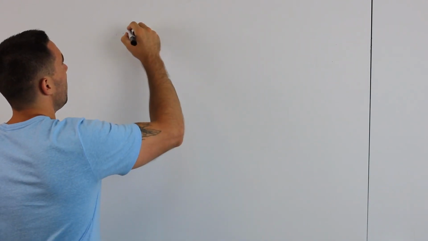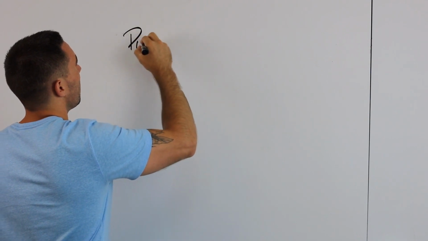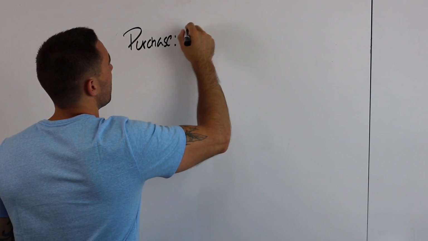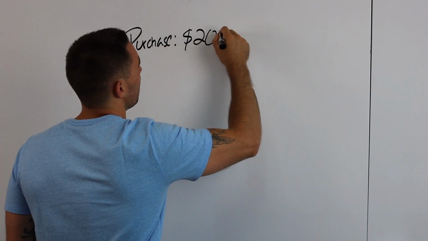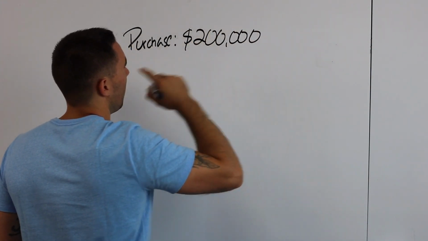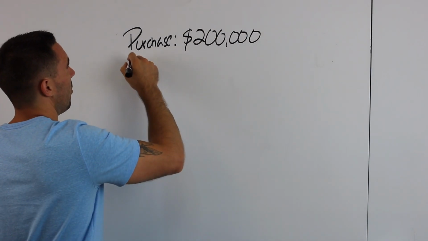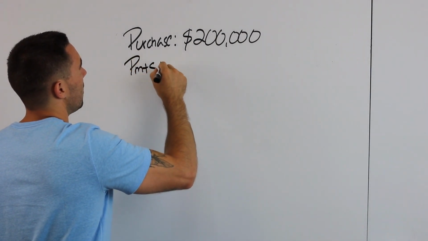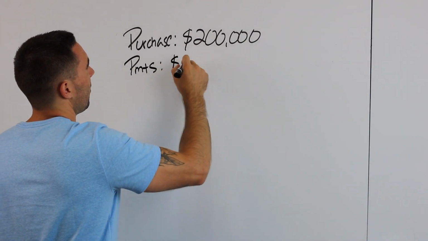Okay, so let's just go over an example here. Let's say that we bought the property for, let's use the same numbers here, $200,000. There is no mortgage on the property, so let's say we agree upon monthly payments of $1,000 a month.